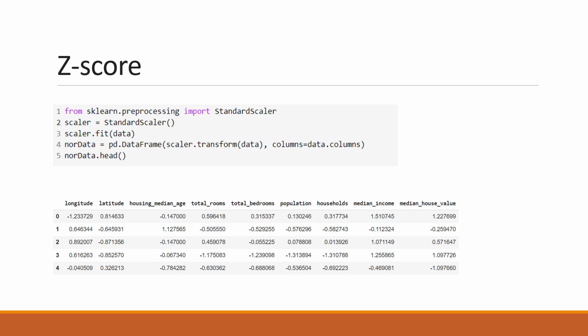Finally, the code creates a new data frame called nor_data and assigns it the normalized values. The columns parameter is used to specify the column names for the new data frame, which are taken from the original data. Overall, this code demonstrates how to use the StandardScaler class from the sklearn.preprocessing module to normalize data using z-score normalization.